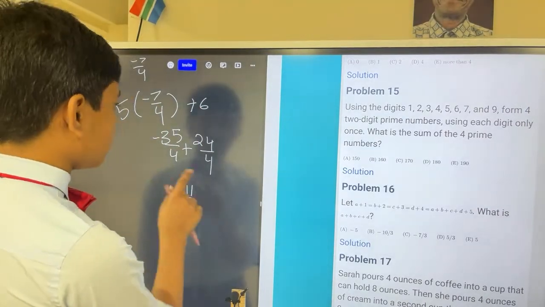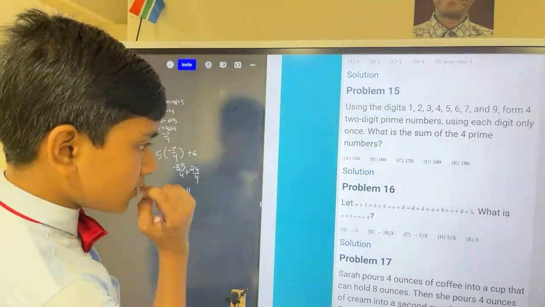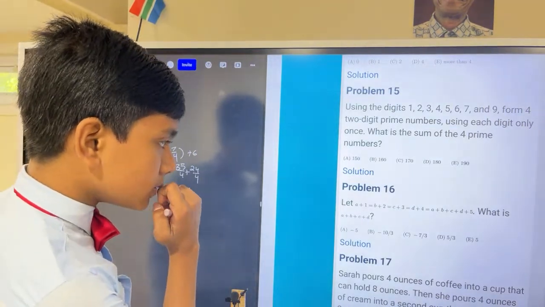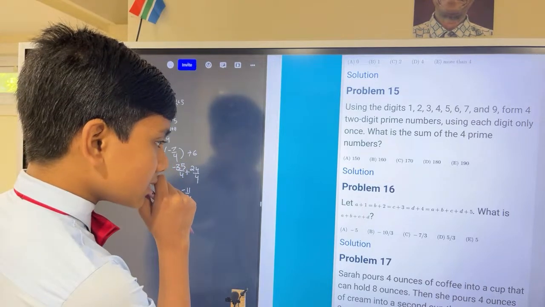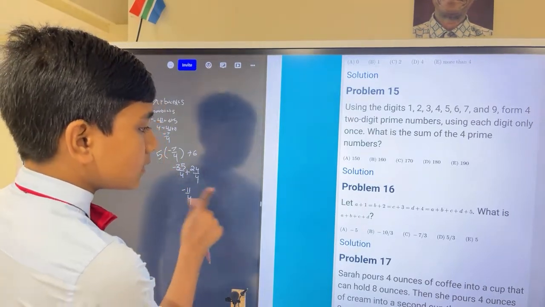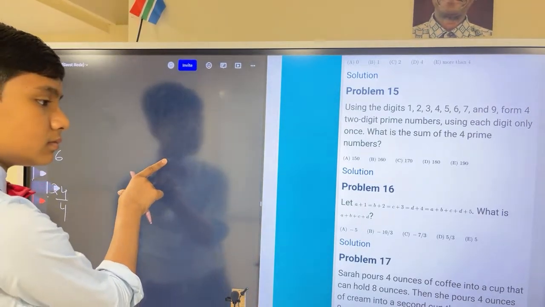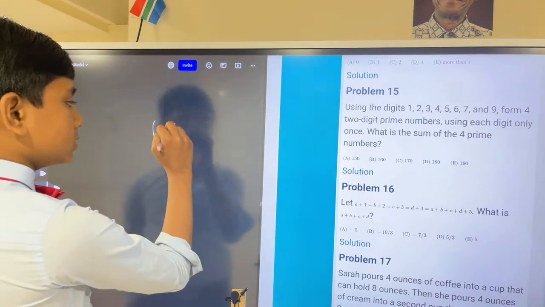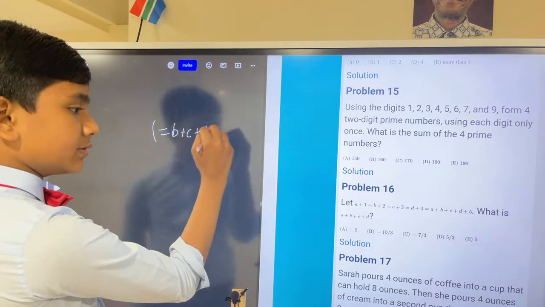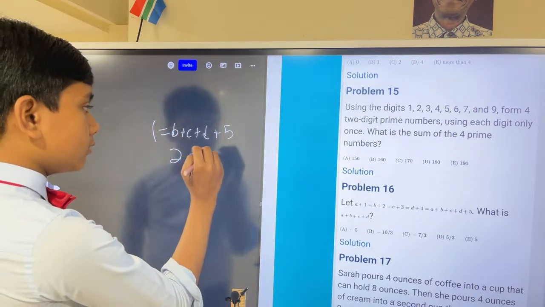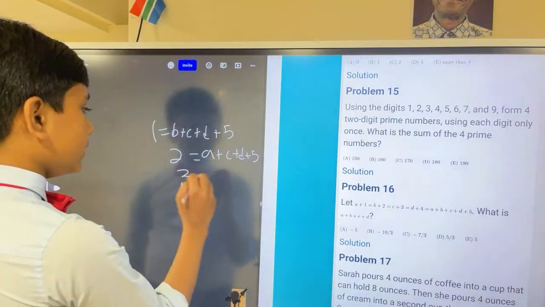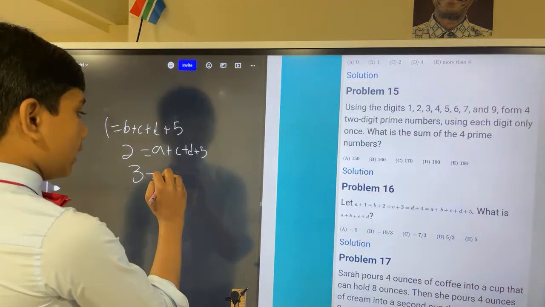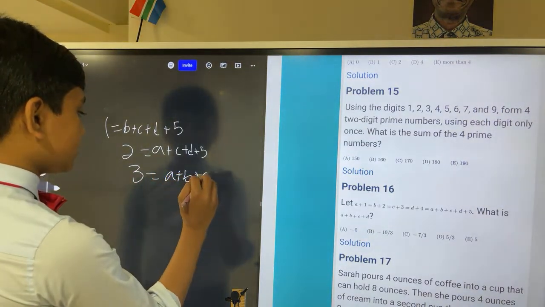That's not good. So where am I going wrong? So 1 equals B plus C plus D plus 5. 2 equals A plus C plus D plus 5. 3 equals A plus B plus C plus 5.